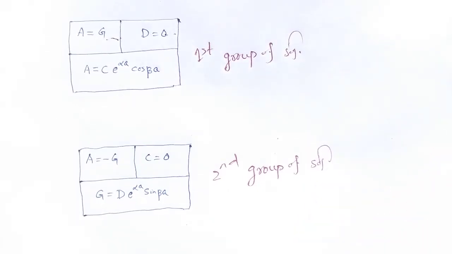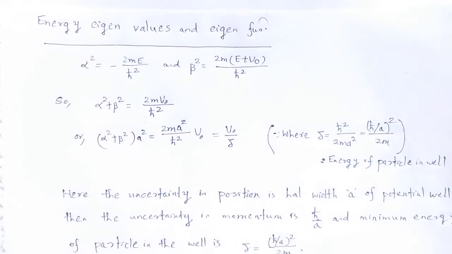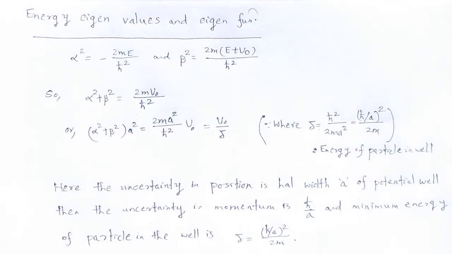By using the first group of solution and second group of solution, we can easily define the eigenvalues and eigenfunctions for a particle in a square well potential for bound state. Let's look at that. Energy eigenvalues and eigenfunctions.